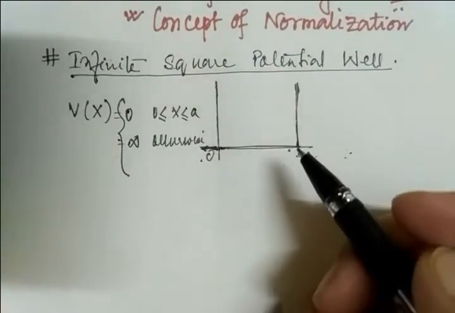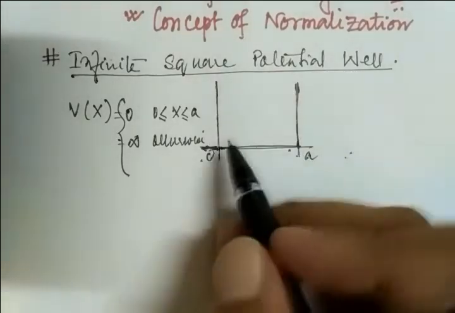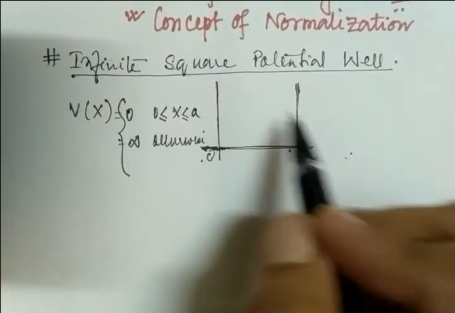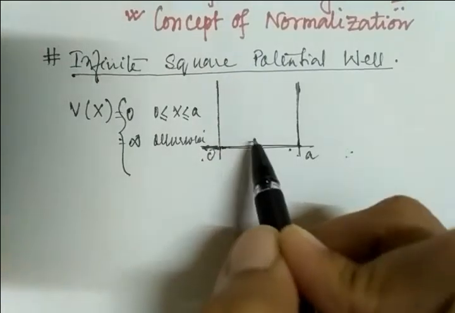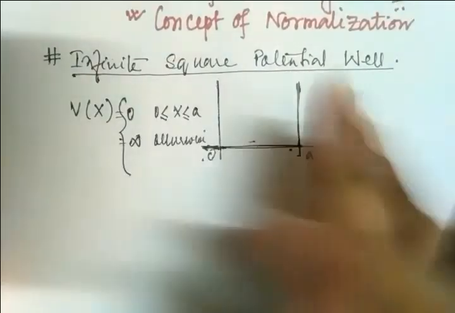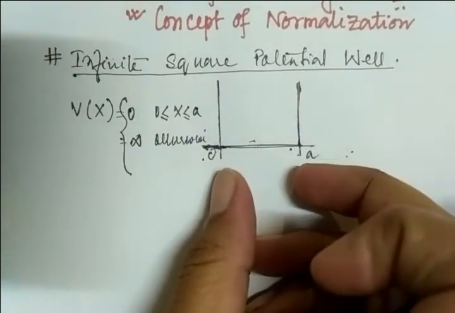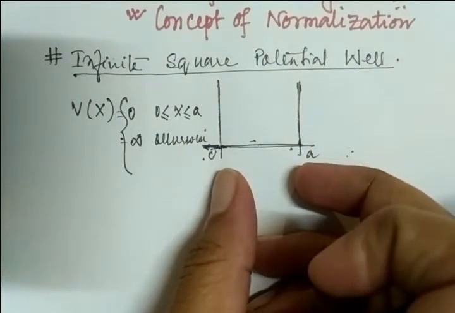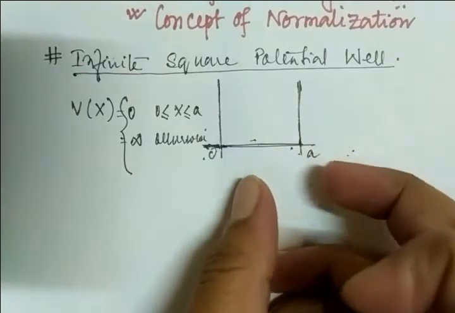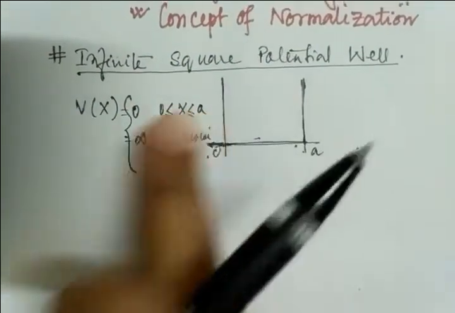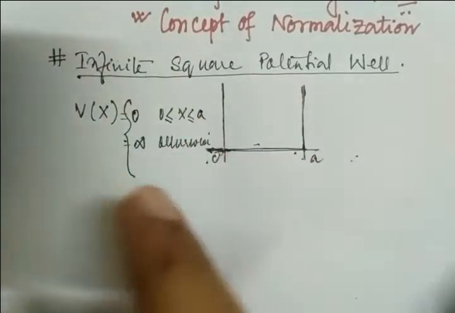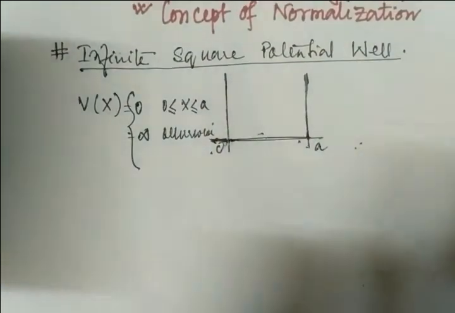There is no potential energy, because the particle will strike some other particle, and that will strike another one. So there is no potential energy in between this boundary, between 0 and a, but it's infinite beyond 0 and a. So that's why we are taking this expression, and using this concept of V of x, we will try to solve this equation, right?